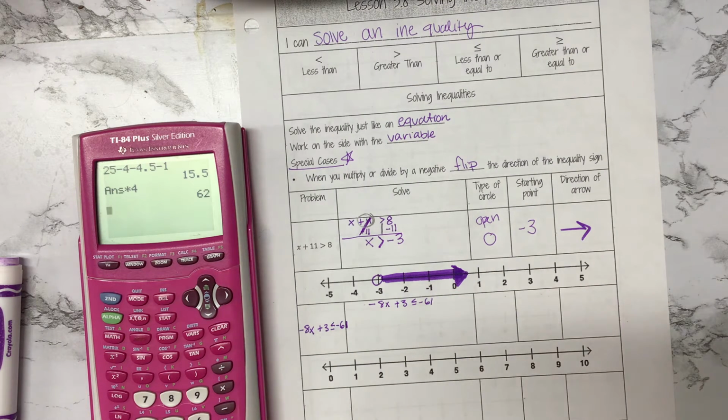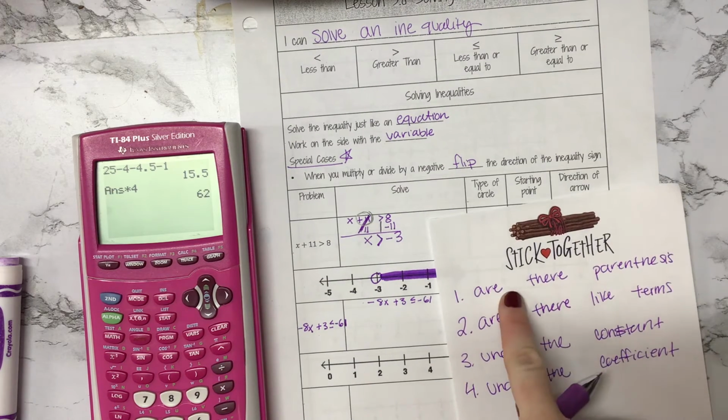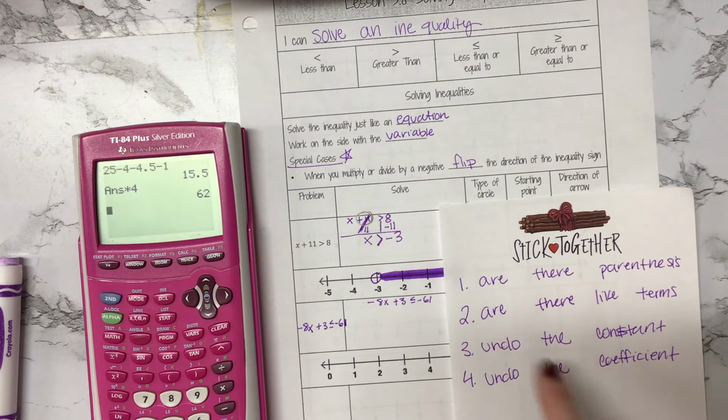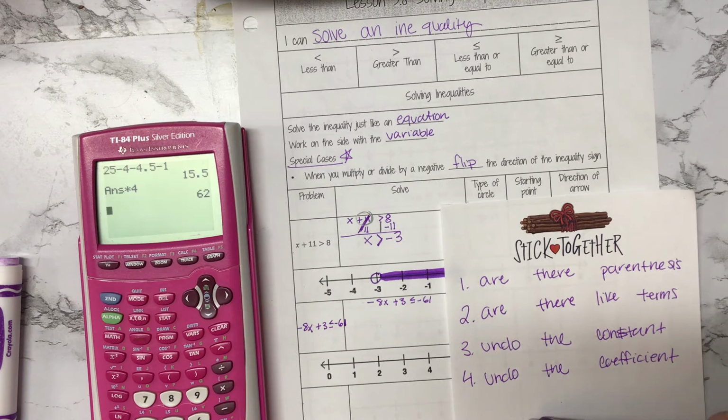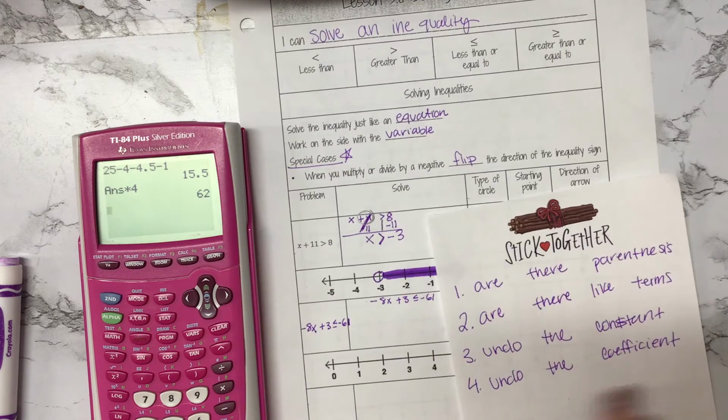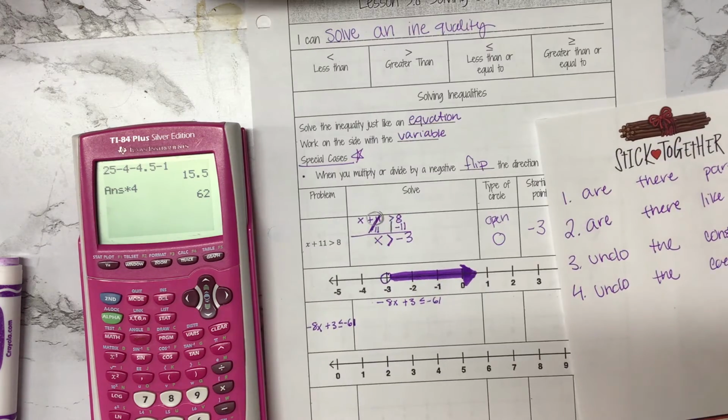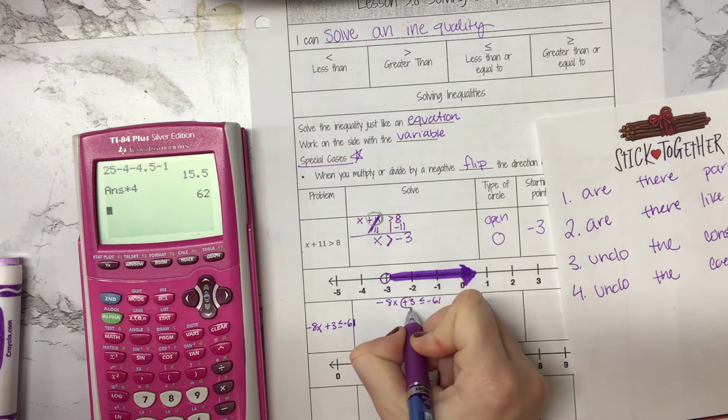Oh, where'd my questions go? All right, so are there parentheses? Nope. Are there like terms? Nope. We do have a constant, so we're going to undo the constant, which is plus 3.